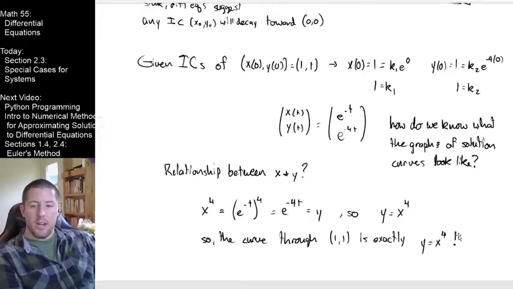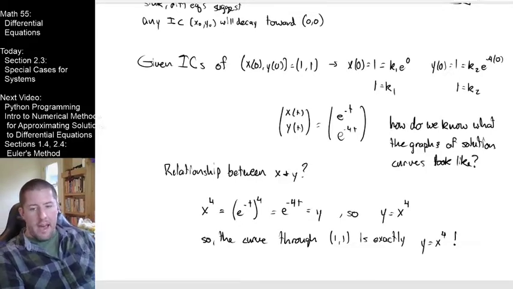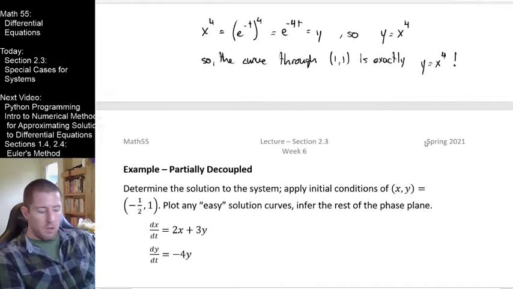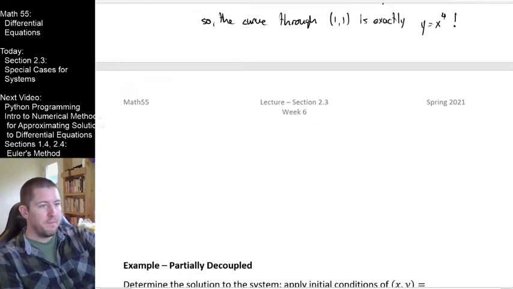And this is good because I know exactly what the graph of y equals x to the fourth looks like. Even more than that, because we know that when we are graphing parametric curves, they aren't just curves, they're curves indicating a direction. Oh my gosh, I still need a little bit more room out here.